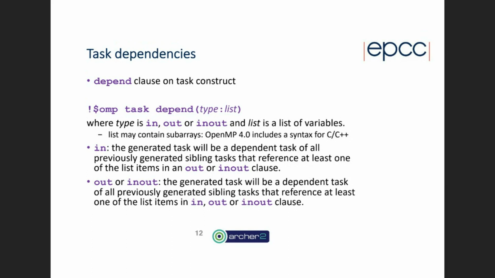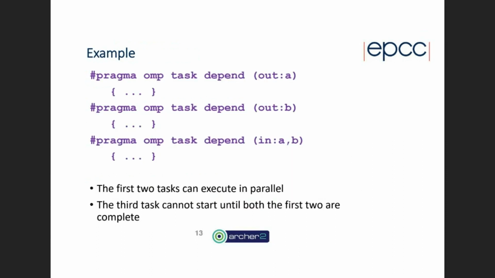Out and inout are synonymous in their meaning. It means that the generated task will be a dependent task of all previously generated sibling tasks that reference at least one of those list items in any depend clause, regardless of the type. That's the formal statement, which is slightly convoluted, but essentially it allows you to do things like this.